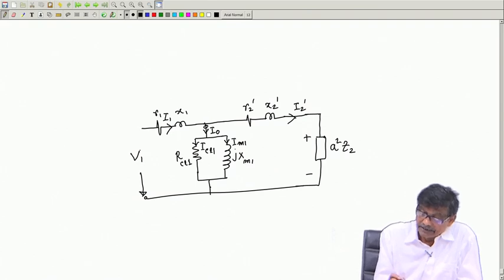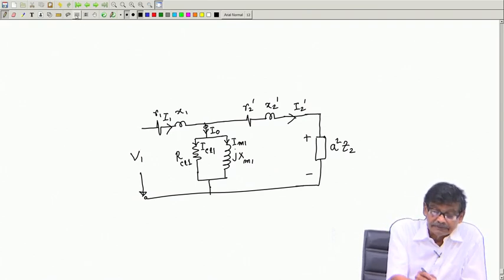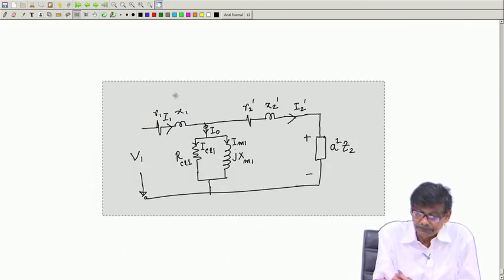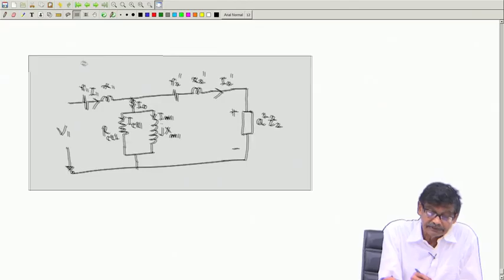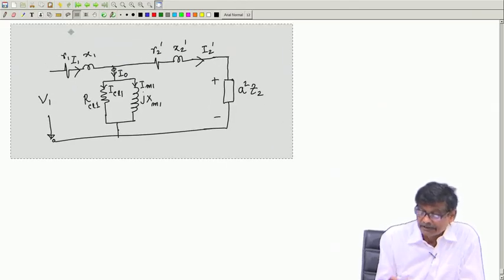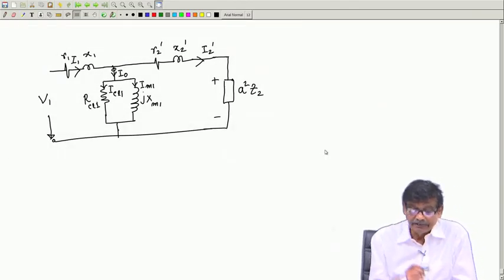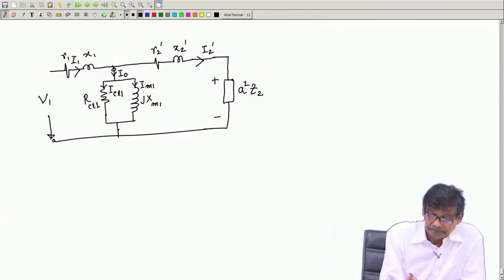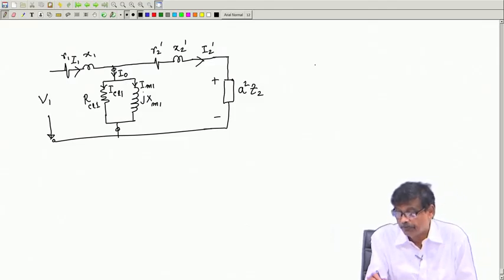Now, what I am telling is that this equivalent circuit, you just select it and push it here. This is the equivalent circuit. Now, in this equivalent circuit, this branch has a high impedance value compared to this. So, this branch I will first remove, I will not consider this branch.